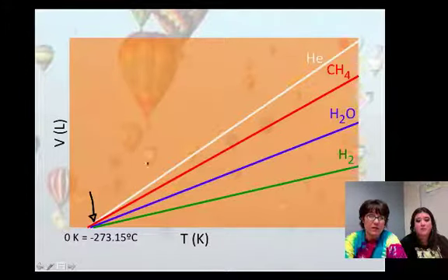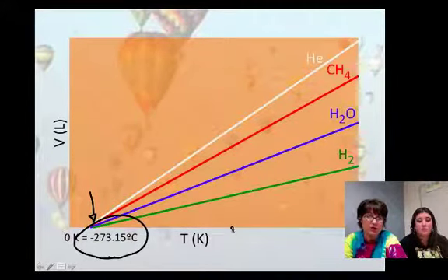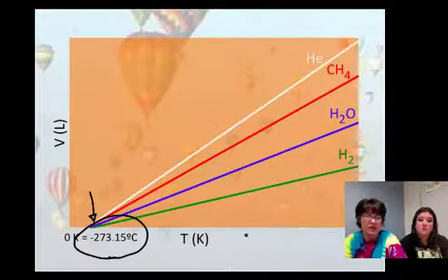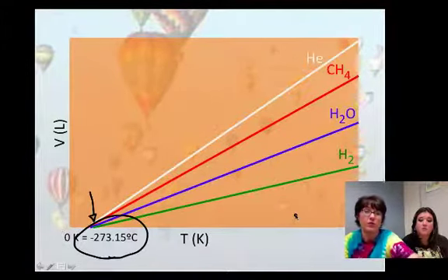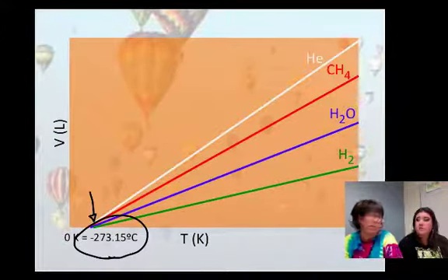But all of the lines in our graphs have met at the same point when they've been extrapolated down to negative 273.15 degrees Celsius. That's where absolute zero was predicted.